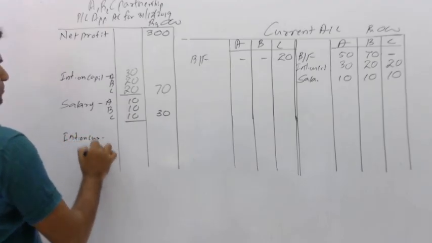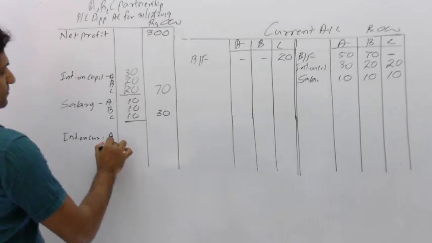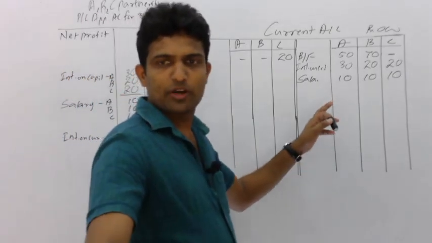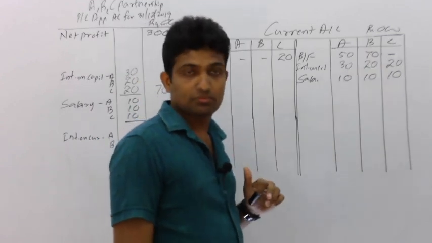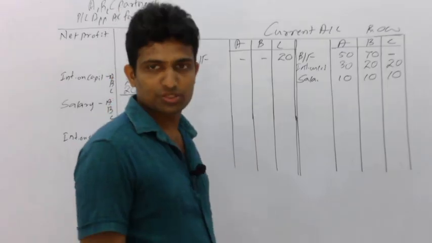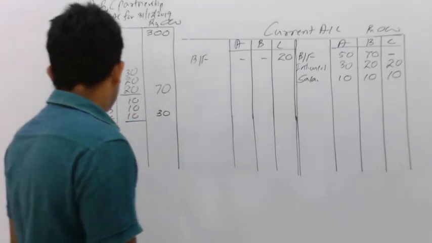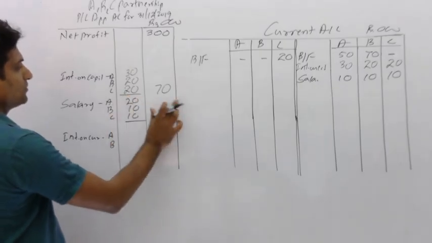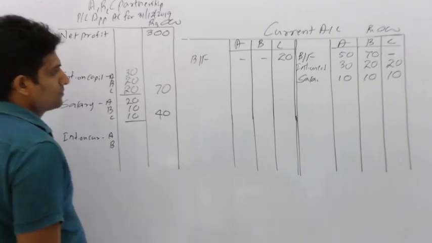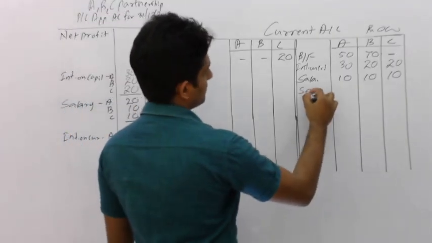Interest on current account balances. For A and B, you have to pay it. They have credit balances, but on debit balance you have to charge. So, say salary 10, 10 and 10, or 30 what is it? Credit here, salary.